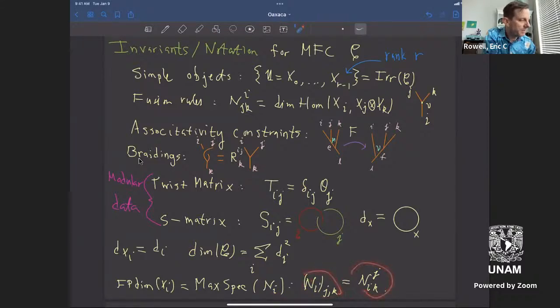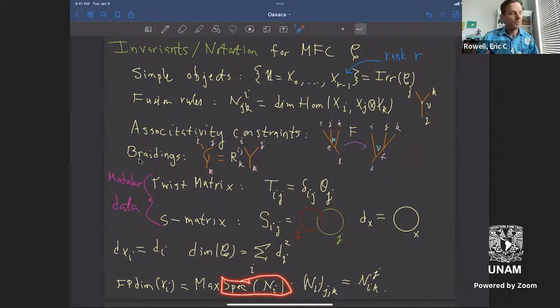So they have entries that are exactly these fusion coefficients. So fix i maybe, and let j and k run over all of the simple objects. Then you get a matrix. And this matrix, of course, has non-negative integer entries.